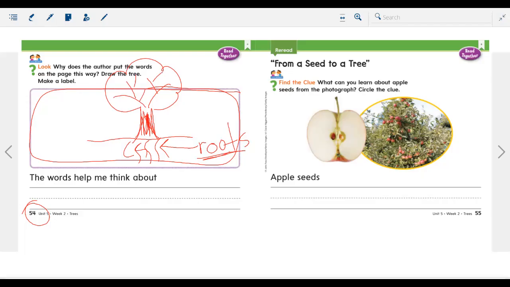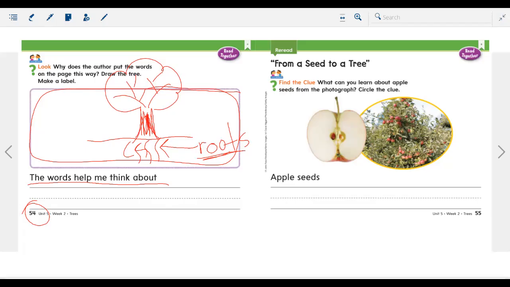Now, down here, the words help me think about. So when we looked at the words on the page of the book, remember, we're asking why did the author put the words on the page that way? And it was because he was or she was drawing the words under the tree to look like roots or above the roots to look like the tree, right? So the words help me think about the shape of the tree and of the roots.